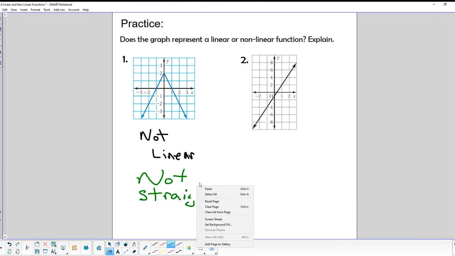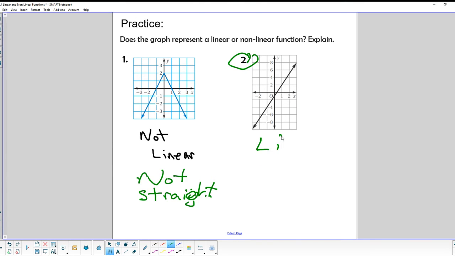And that's how you tell. Okay, how about this last one, number 2? Well, that's a straight line, so that would make that linear because it is a straight line.